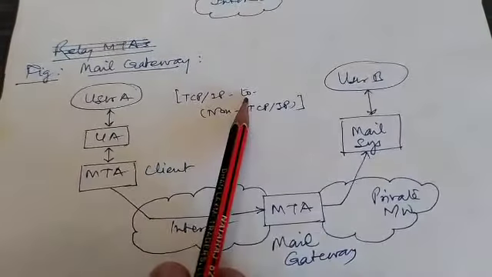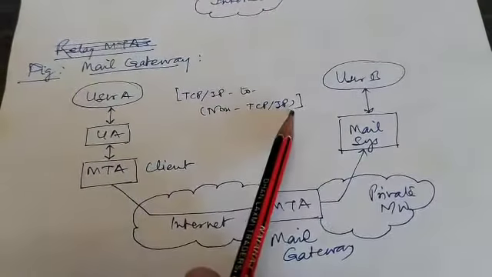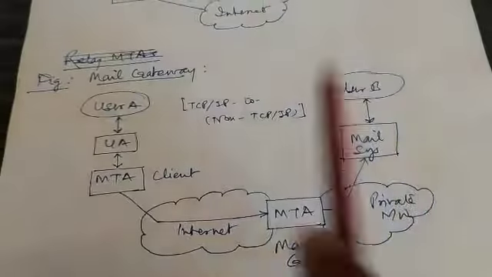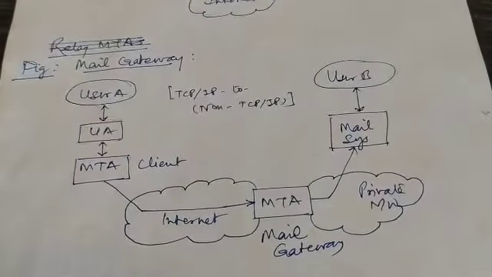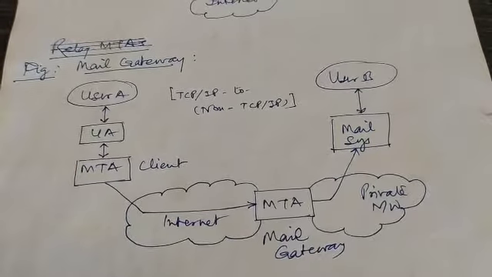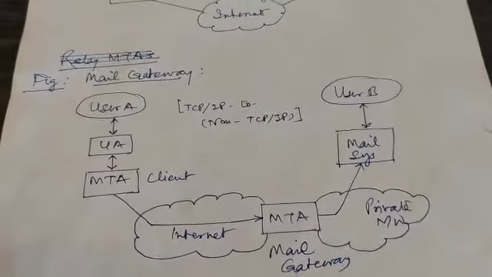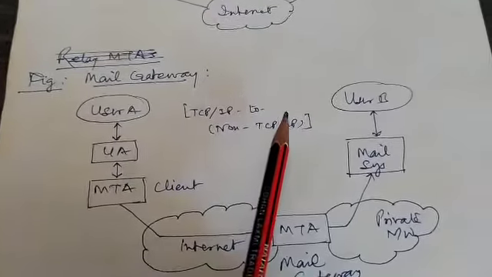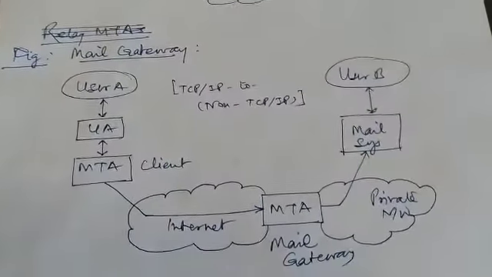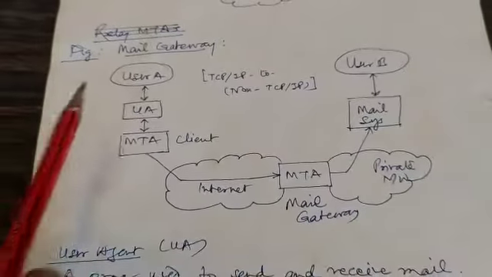The TCP/IP to non-TCP/IP. This diagram is showing the architecture of email communication, or say SMTP, for having a communication between the TCP/IP and non-TCP/IP networks.